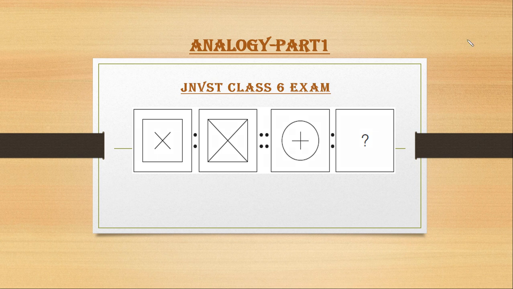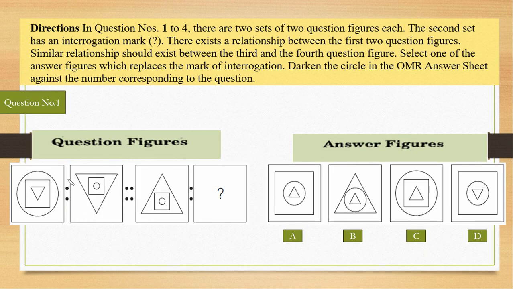In this session, we are going to discuss analogy related mental ability questions. Let us move on to the question and answer section. In an analogy mental ability question, there will be a first set of figures given. In the first set of figures, there is a relation between the first figure and the second figure.